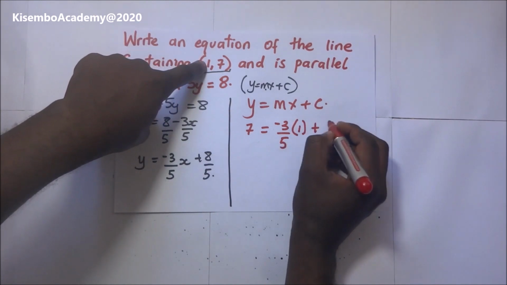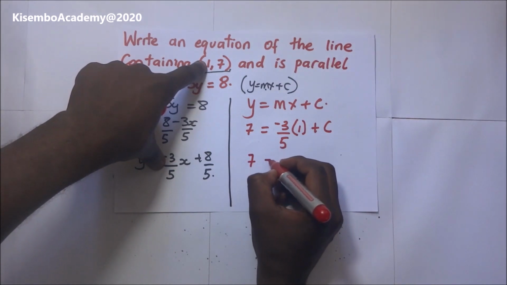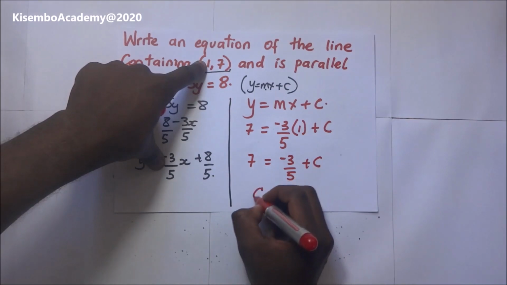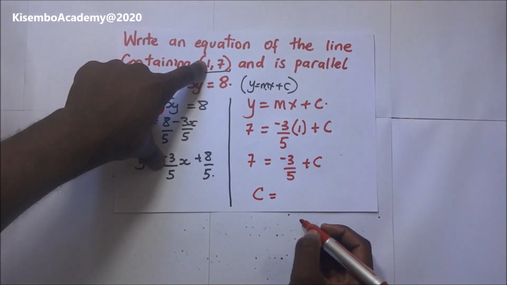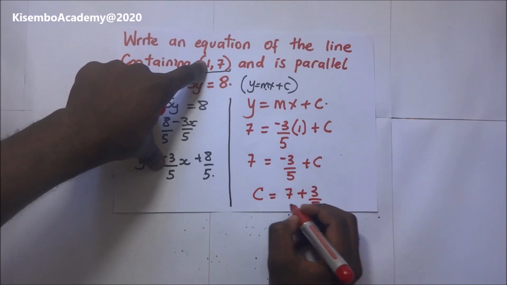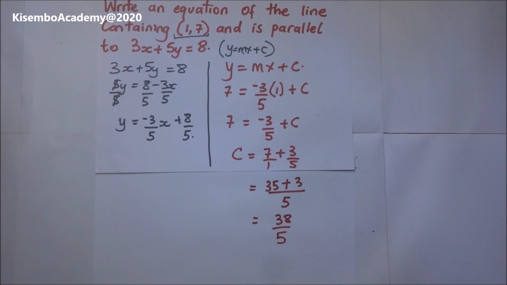We are trying to look for the value of c. So 7 is equal to negative 3 over 5 plus c. When we make c the subject of the formula, c becomes 7 plus 3 over 5. So our value of c is 38 over 5.